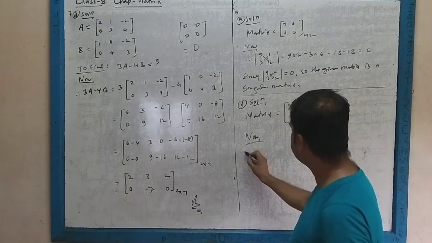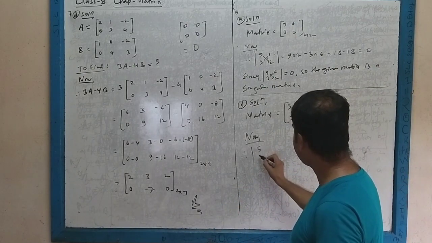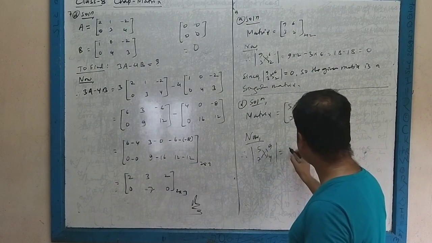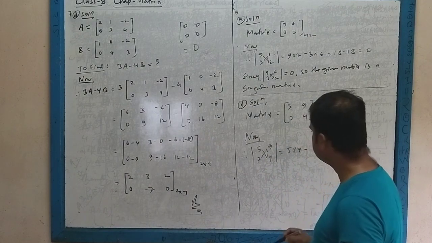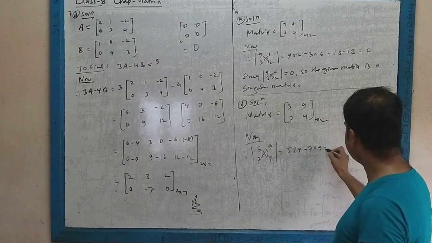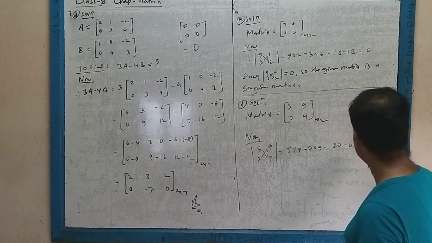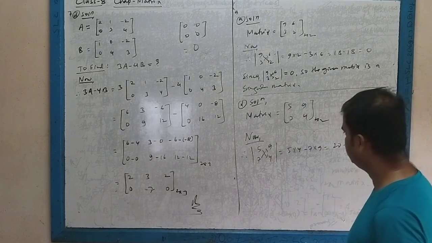So let's find the determinant. 5, 7, 9, 4. Just cross multiply: 5 into 4 minus 7 into 9 is equal to 20 minus 63, which is equal to minus 43.